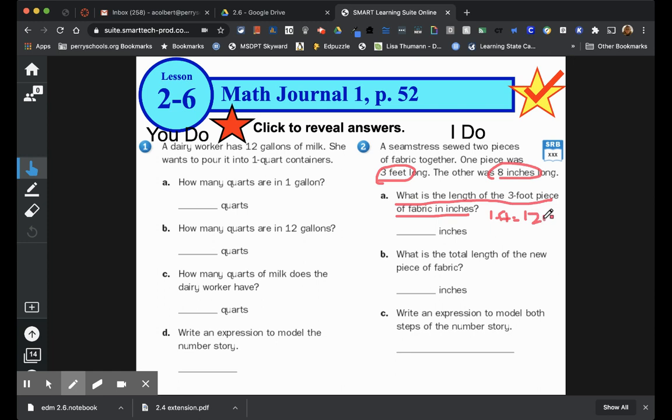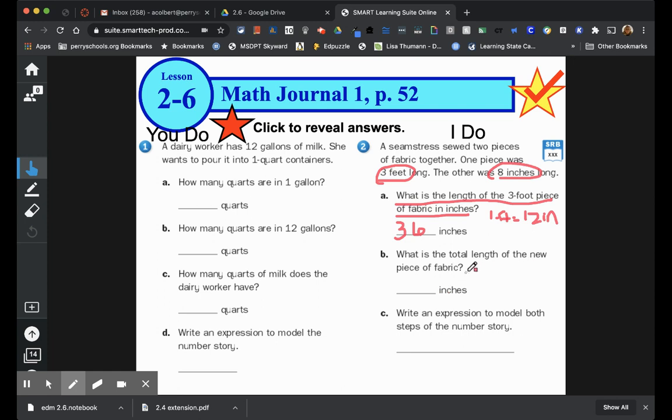I know that, and I can double check that using an SRB or an online conversion chart. So what is the length of a 3-foot piece in inches? Well, I know it's going to be 3 times 12, which is 36.